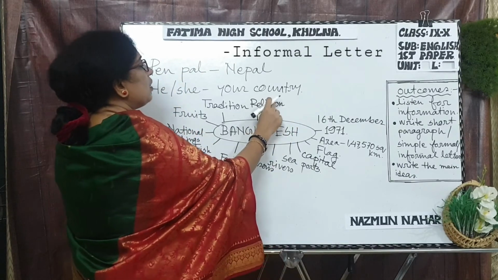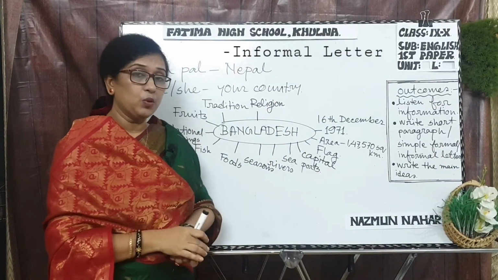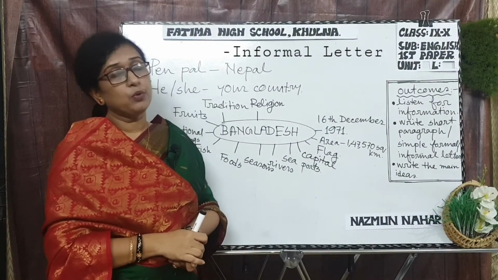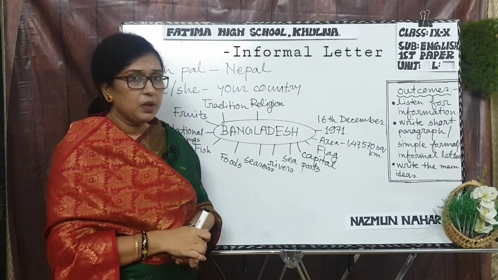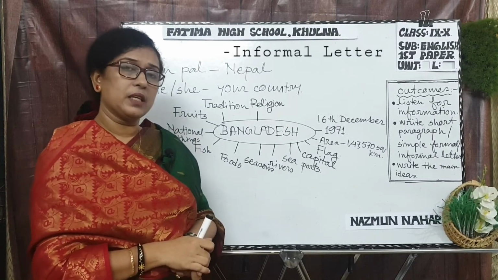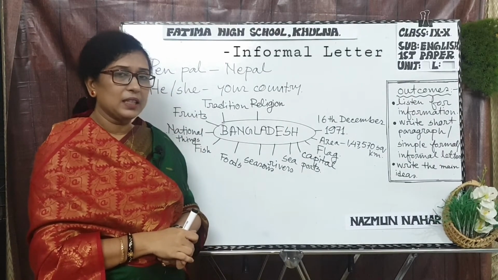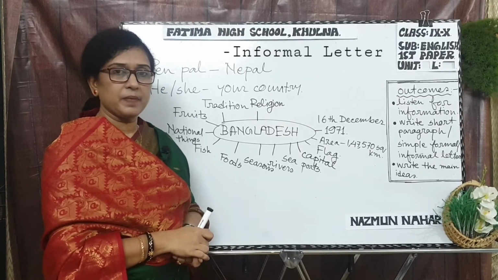Most of the people of Bangladesh are Muslims, but Hindus, Christians, Buddhists and some tribal people also live here. The tribal people have their own language, culture and religion, and in Bangladesh they can celebrate their religious festivals, clear?